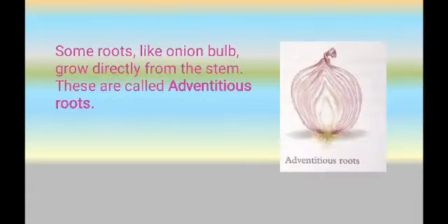Fibrous roots are those roots which are thin and the same in size. Examples of fibrous roots are wheat and grass. Here you can see adventitious roots. This is another type of root, modified roots. Example, onion bulb.